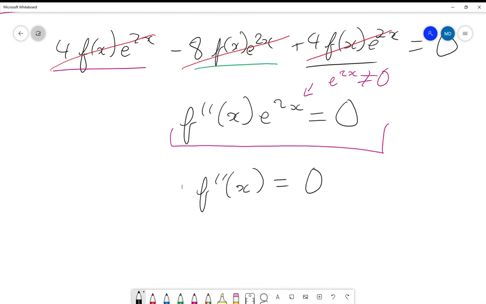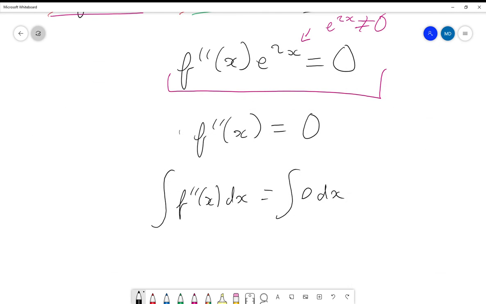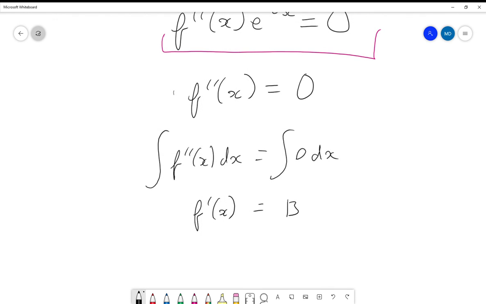And this is just a very simple antiderivative situation. It's technically a differential equation, but it's just antiderivative. If I integrate both sides, well, on the right-hand side, I just get an arbitrary constant, because if I integrate 0, I just get an arbitrary constant. On the left-hand side, I remove one of the derivatives, so I get f dash of x equals just b, just some constant. And then I integrate both sides again.